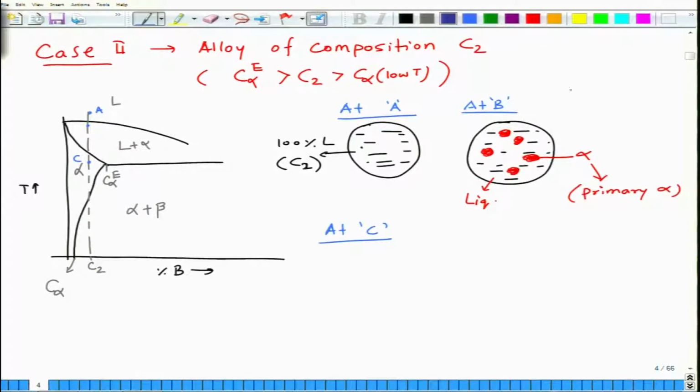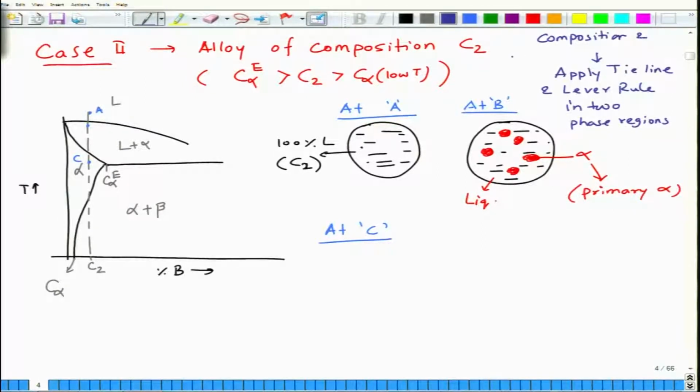As a home exercise, what you can do is apply tie line and lever rule in two phase regions to determine the phase compositions and their fractions.